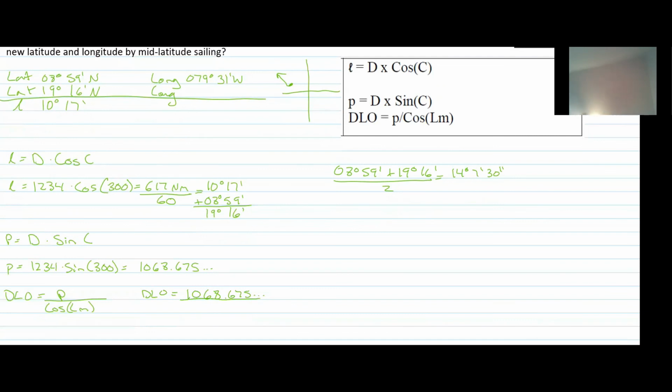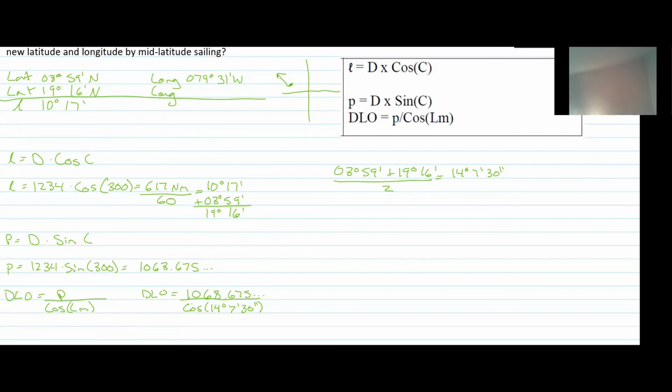And then you'll divide that by cosine of 14 degrees 7 minutes and 30 seconds. You need all of it, no rounding, or it will take your answer off by 1 or 2 nautical miles and will give you the wrong information.